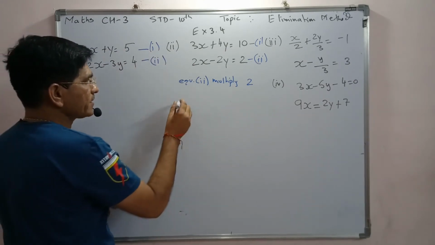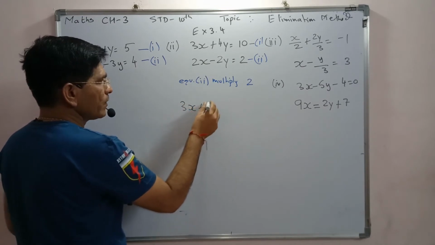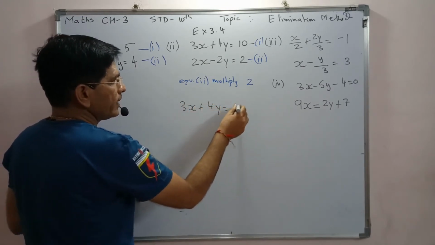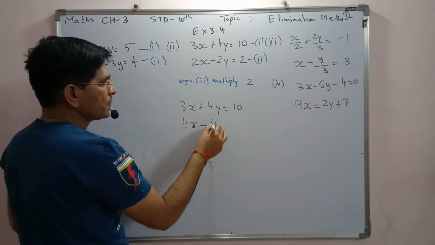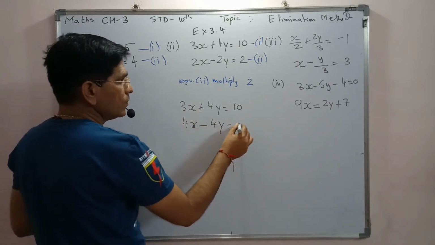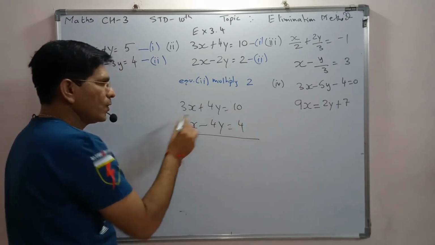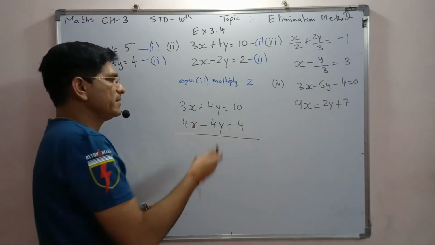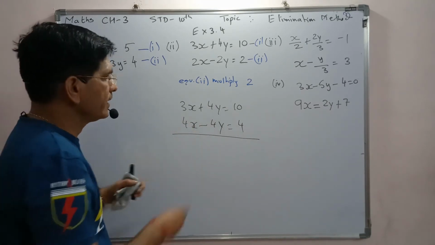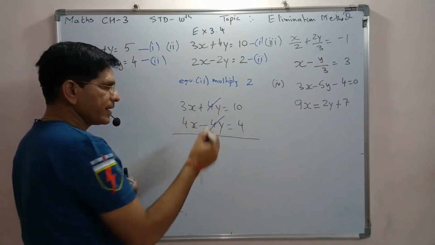So 3x plus 4y is equal to 10. Now 4x minus 4y is equal to 4. Now we can easily simplify because one of the variables is easy to remove, that is plus 4y minus 4y.